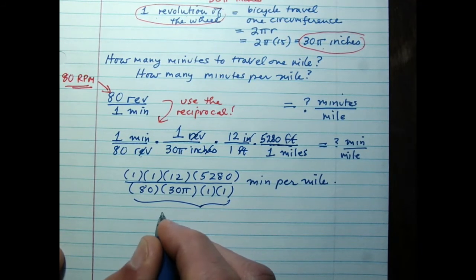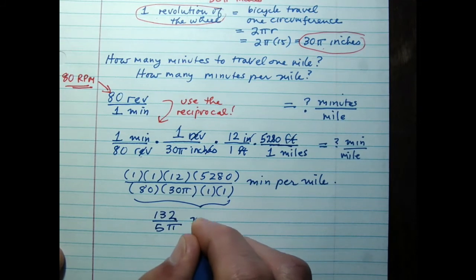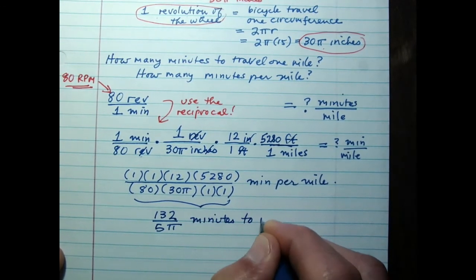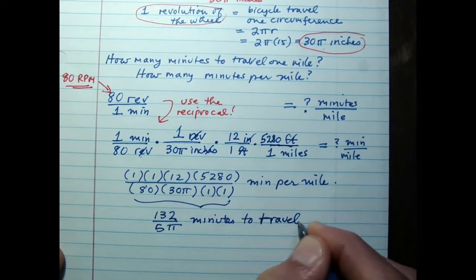I think the exact value I get here is 132 over 5 pi minutes to travel 1 mile.